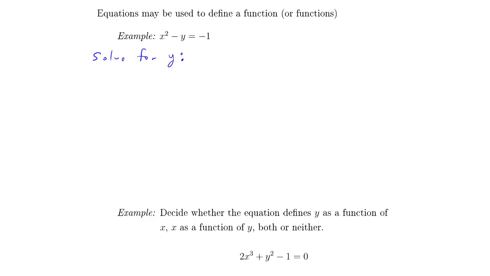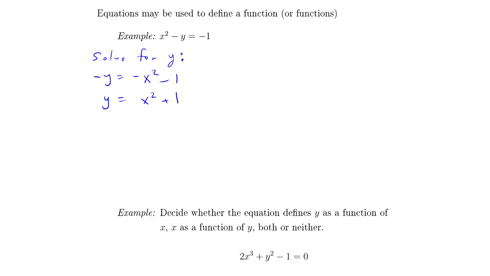So basically I'd want to show what comes out as y when you put an x in. If I did that, I would have negative y is negative x squared minus 1. Or if I multiply through by -1, I get y equals x squared plus 1.